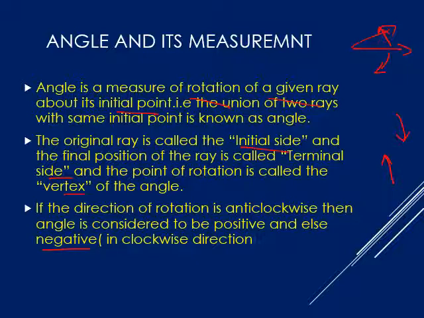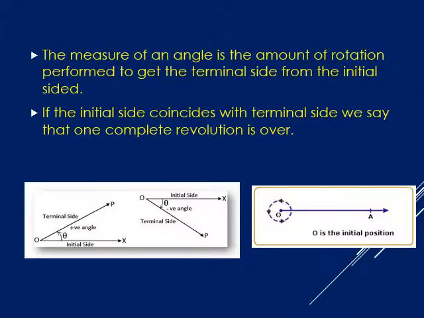That means if you are rotating like this, then we are getting a negative angle. Suppose if you are rotating the opposite way, that is called the anti-clockwise direction. If the direction of rotation is clockwise, then the angle is negative. If the direction of rotation is anti-clockwise, then the angle is said to be positive.